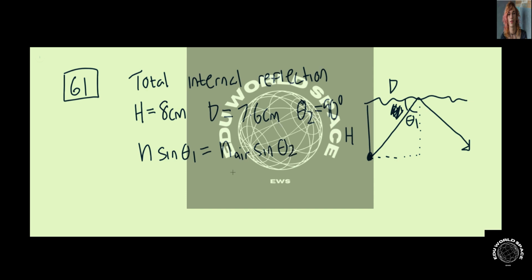We know n of air is always 1, and sine of theta 2 is going to be sine of 90 degrees, which is 1. So the right-hand side is 1, and we have n sine theta 1 on the other side. And we need to figure out what theta 1 is.